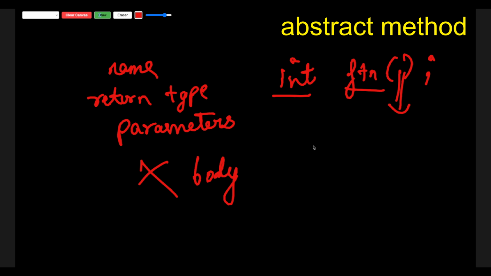Think of it as a promise, a contract. You are saying whoever uses me must implement this behavior. They can be used in abstract classes and interfaces, but not in a concrete class. So basically, these abstract methods can be used only in interfaces and abstract classes.